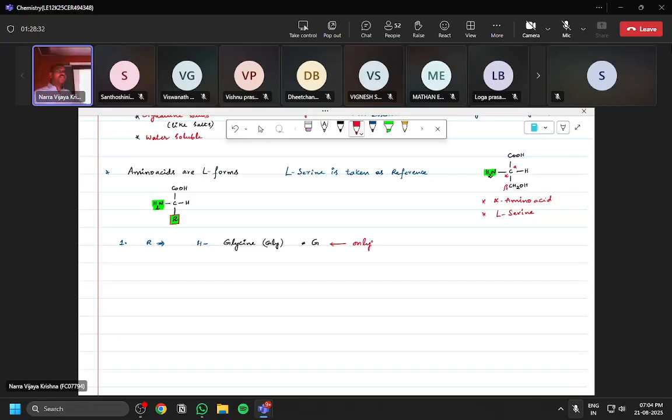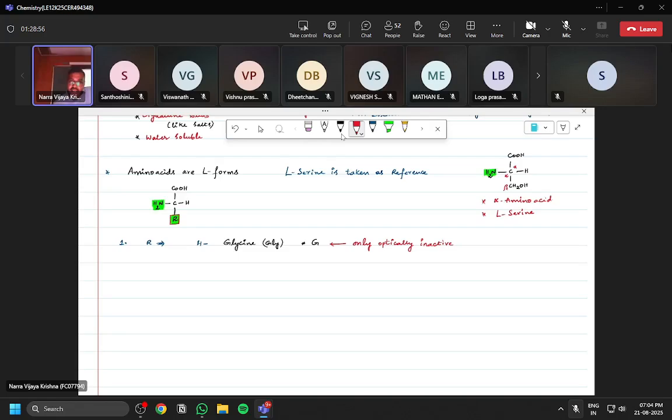The remaining amino acids are all optically active, because if you take hydrogen, this carbon is not chiral, as there is another hydrogen here. So it is optically inactive. Among amino acids, the only optically inactive one is glycine.